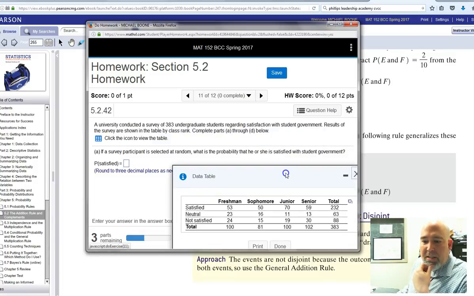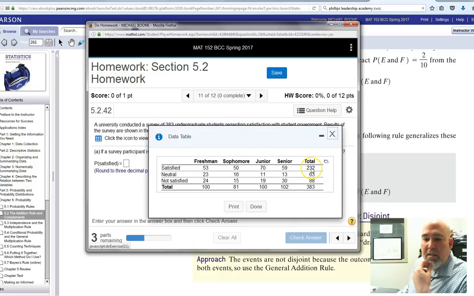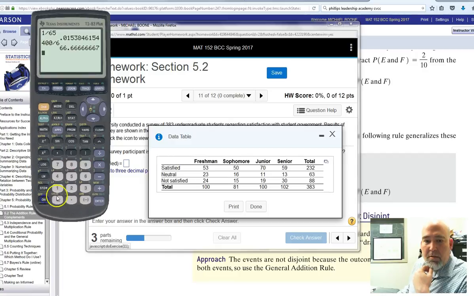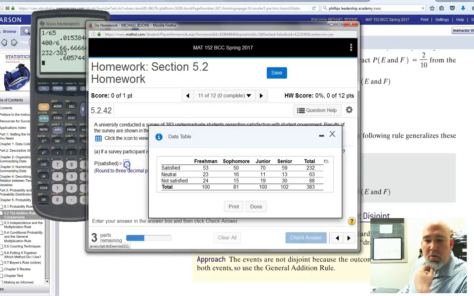It didn't give me any condition as far as what rank they were, freshman, sophomore, junior, senior. We could just say it is this ratio, which I can turn into a decimal, 232 divided by 383. Let's go ahead and punch that one in. I get 0.606.